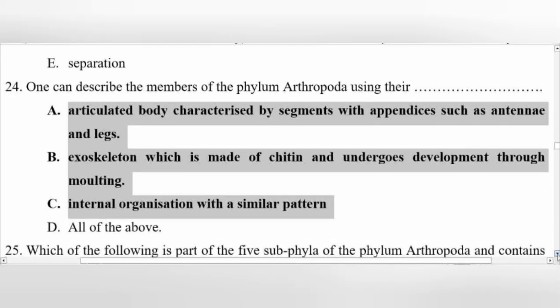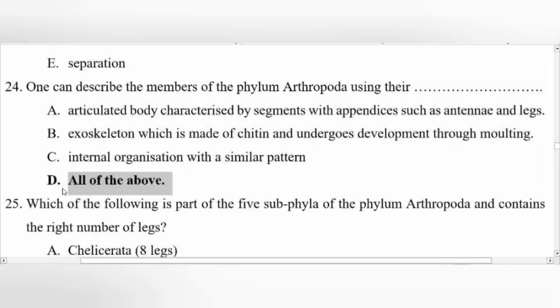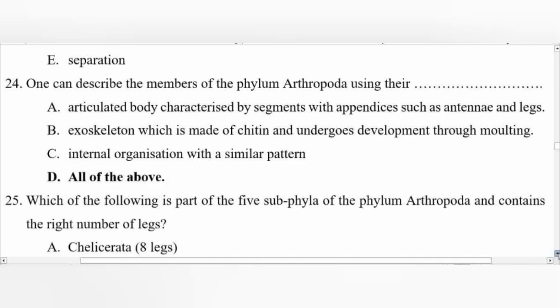So for those of you who are not my students, you will have the opportunity to enjoy that lecture. So options A, B, and C are all something that we can use to describe the phylum Arthropoda. But are we supposed to choose those as our answer? By no means. Our best option should be all of the above.